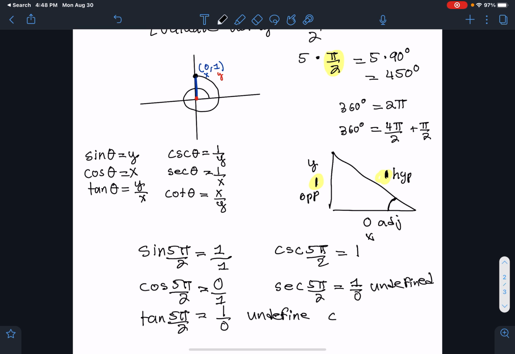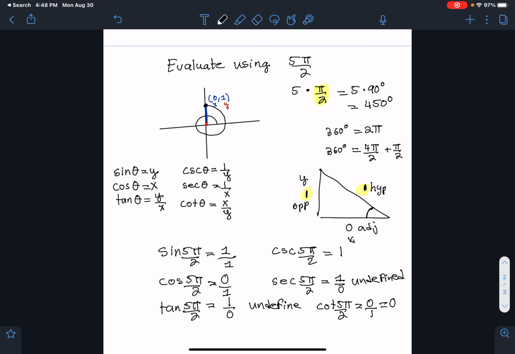And then my cotangent will actually be adjacent, which is 0, over opposite, which is 1, and we get 0. So that is how you would address something like this.